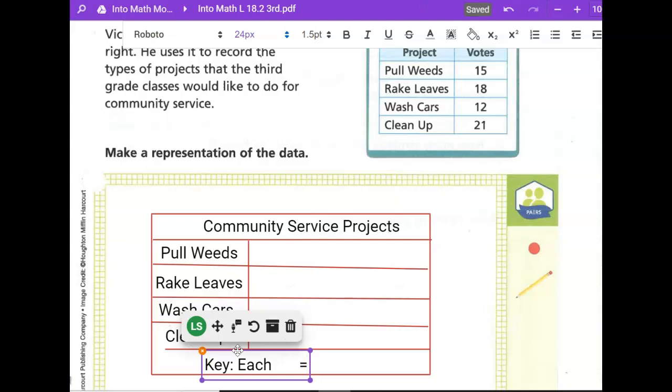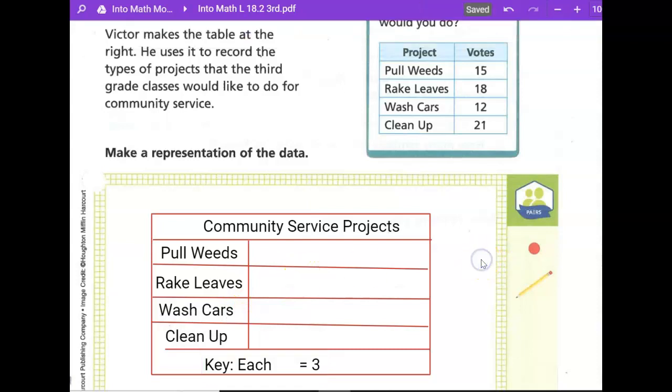So I'm going to make my symbols equal 3. And we can go from there. Symbol, let's see what we can find. Maybe we can just do circles.